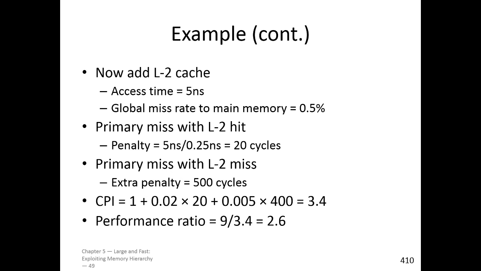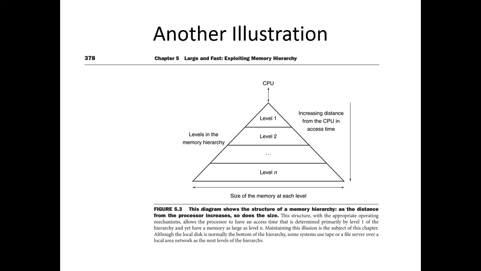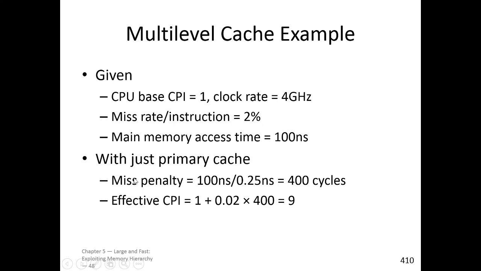I think I went through this last time, but here's an example given a multi-level cache, with a CPI of 1, and the clock rate, the miss rate, and the main memory access time. Then with the primary cache, which is co-located with the CPU, here is what the miss penalty will be. This gives us our effective CPI.